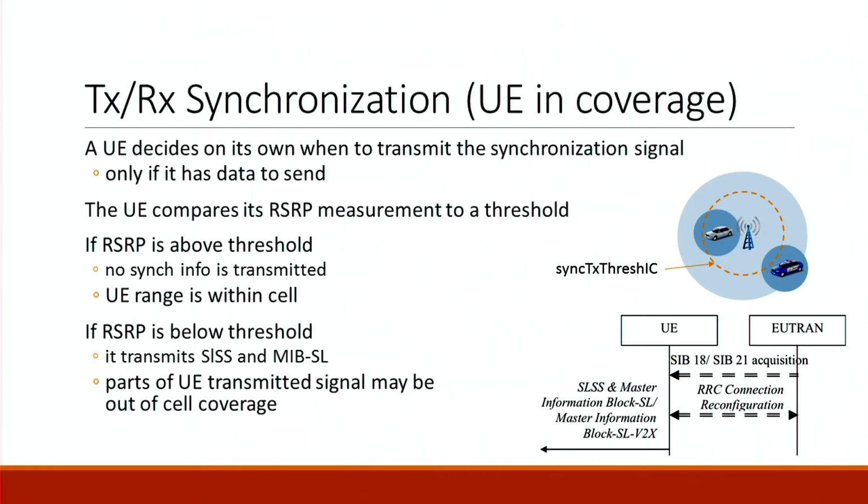Otherwise, you don't do it. If it's above threshold, then you don't transmit any sync information. Why? Because it's useless. Because likely all the cars you can reach in D2D communication will also be under eNode B coverage, so they will need just the eNode B to synchronize.